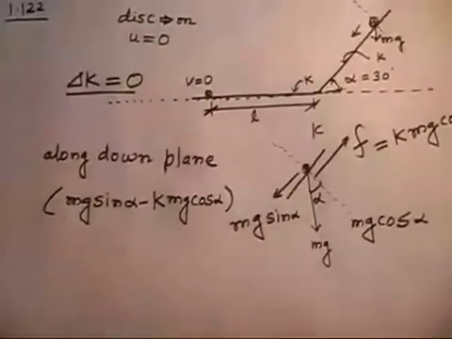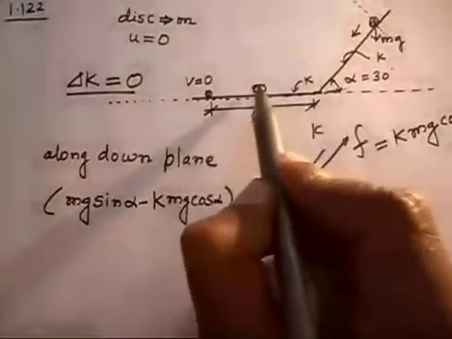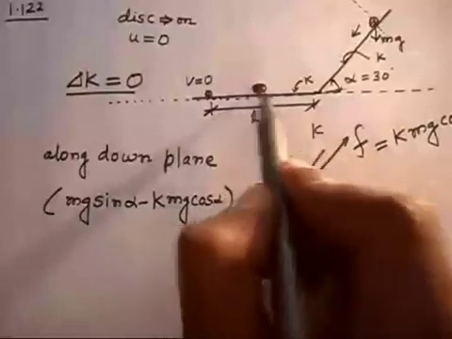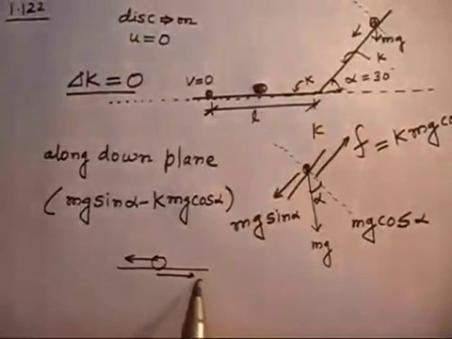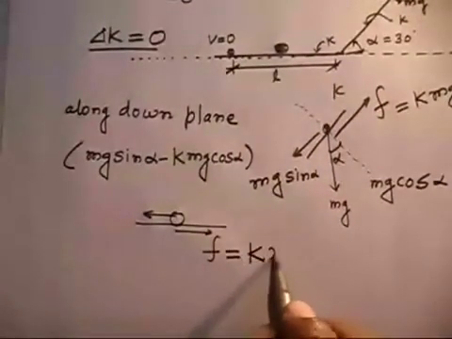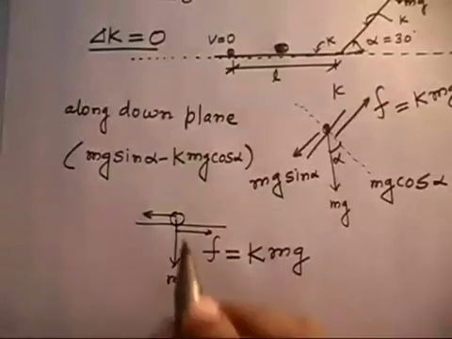If I multiply by the displacement, I will get the work. Now if the motion is happening on the horizontal, friction is simply mu times the normal reaction. The friction force acts in this direction, and this will be simply k times mg, because the normal reaction is equal to mg.